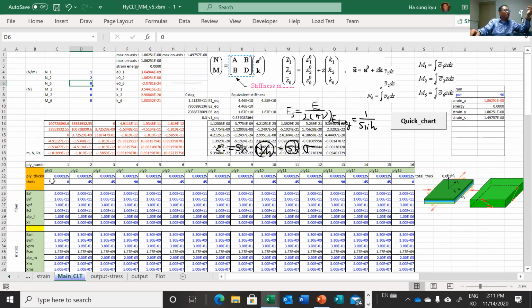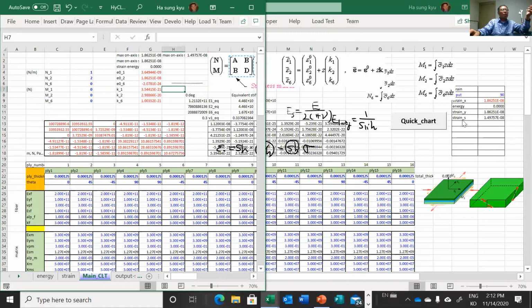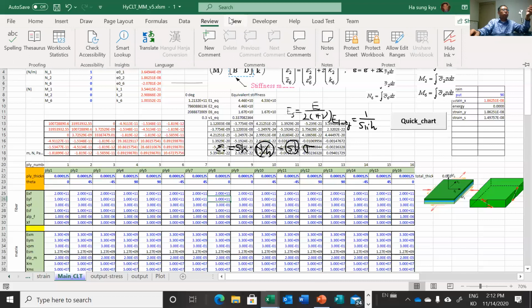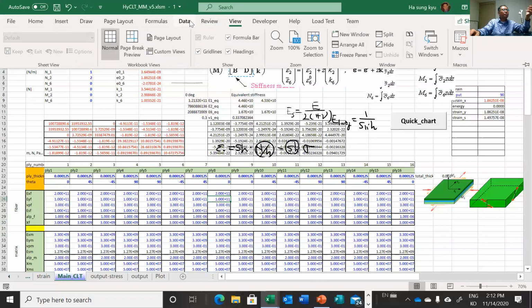And we, as a designer, would like to know what kind of layup will be better. What do we mean by better? We need to use this one now as the design tools.